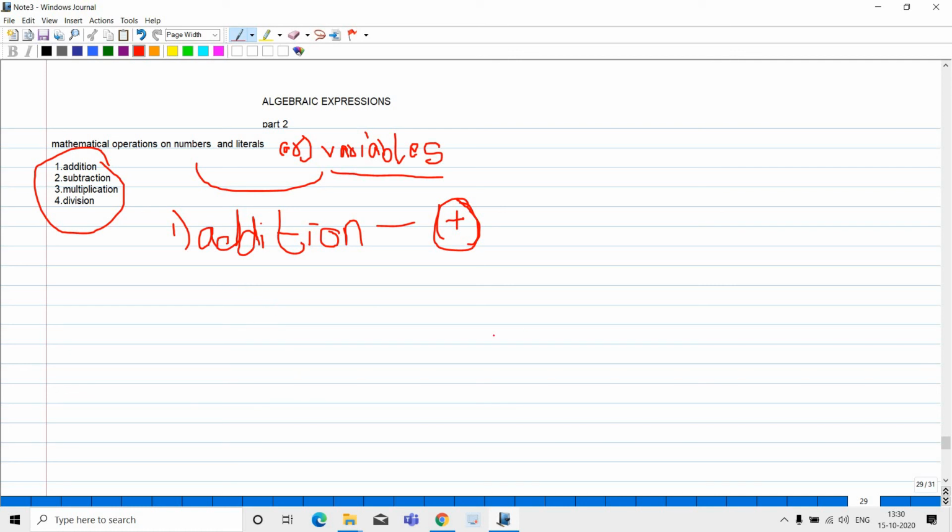First one, if we want to add numbers, the sum of 6 and 7 is 13.